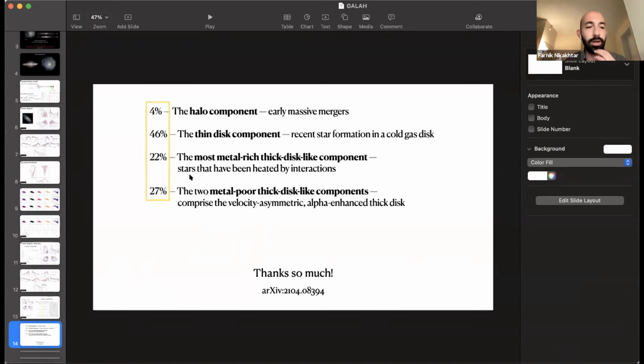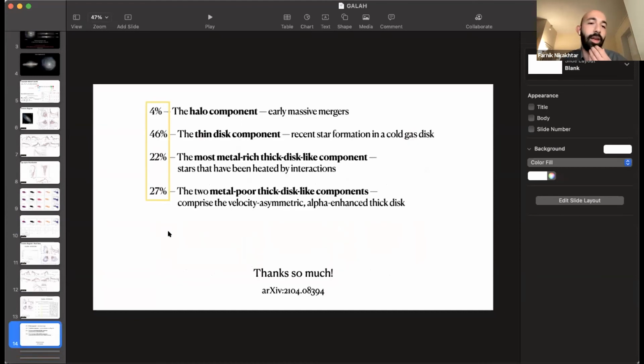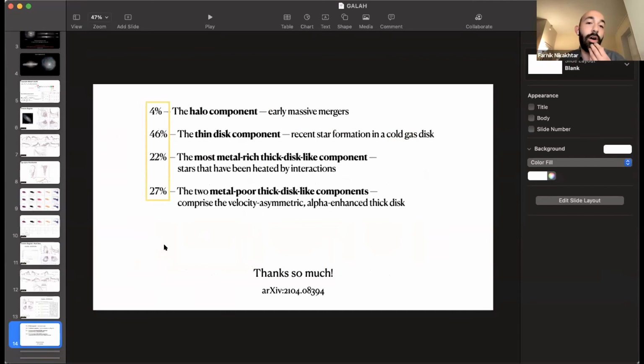And the 2 other components that we see are thick disk-like. They compromise the velocity asymmetry because of these VX, VY, VZ plots that we have, and also the alpha enhanced thick disk that we see in the real data, actually, I think.